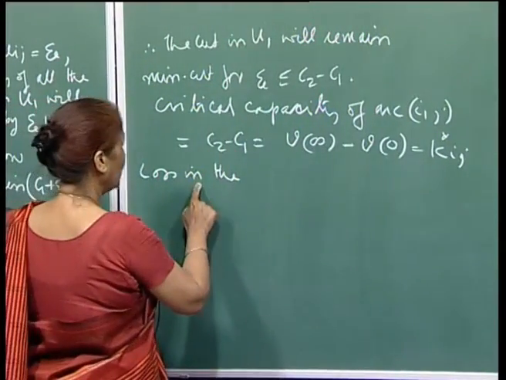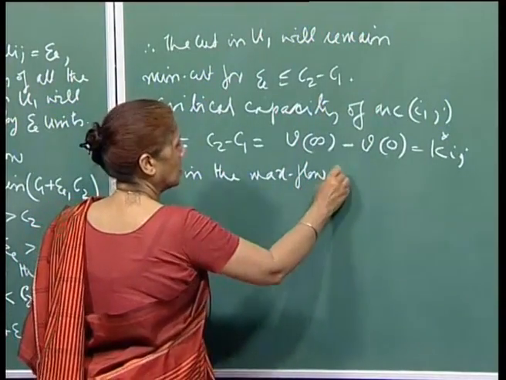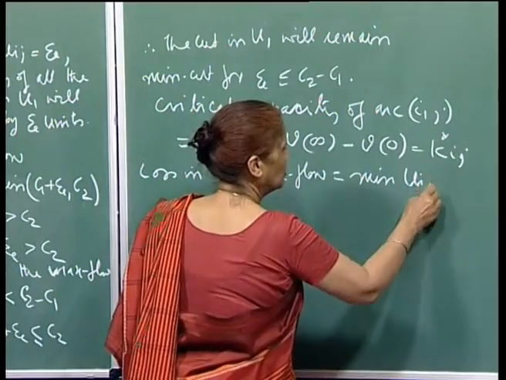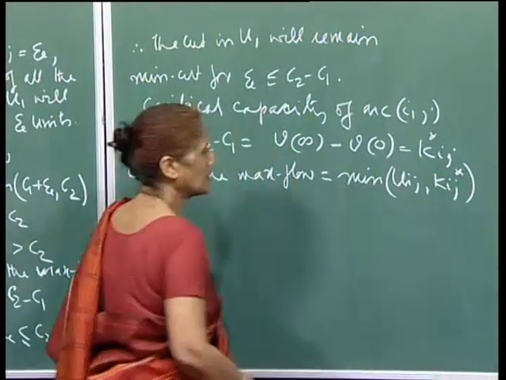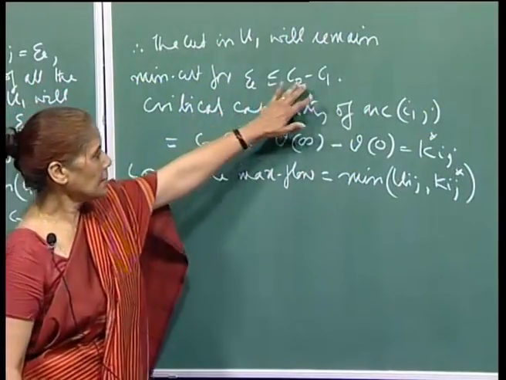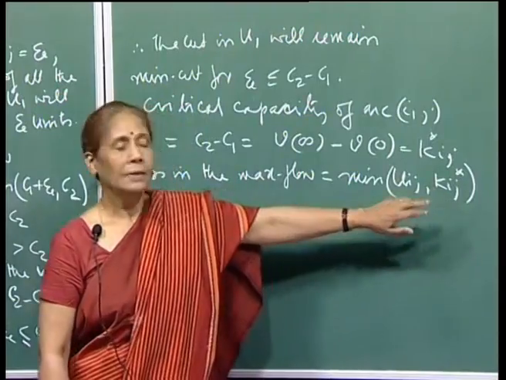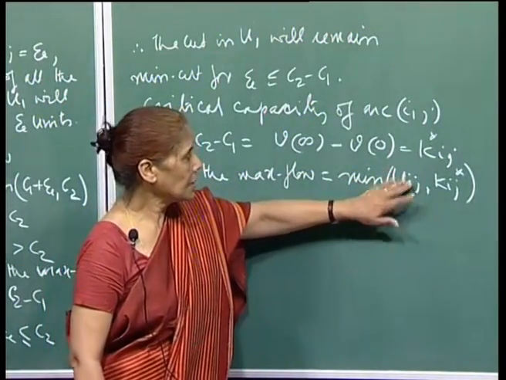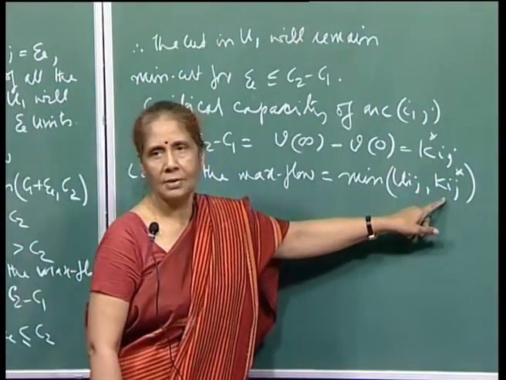The loss in the max flow is equal to the minimum of Uij and Kij star, whichever is smaller. If Uij is less than Kij star, then the loss in the max flow would be Uij. If Uij is greater than Kij star, then the loss in the max flow would be Kij star.